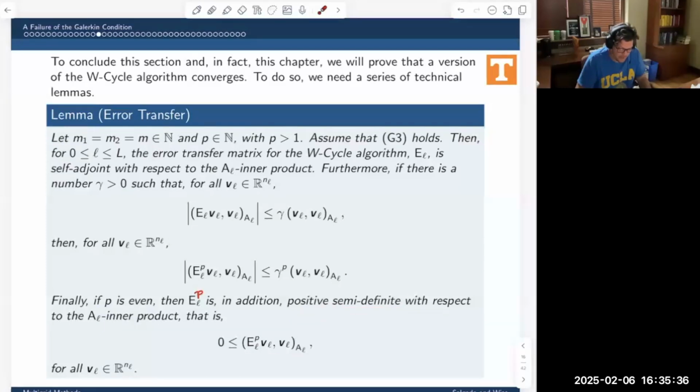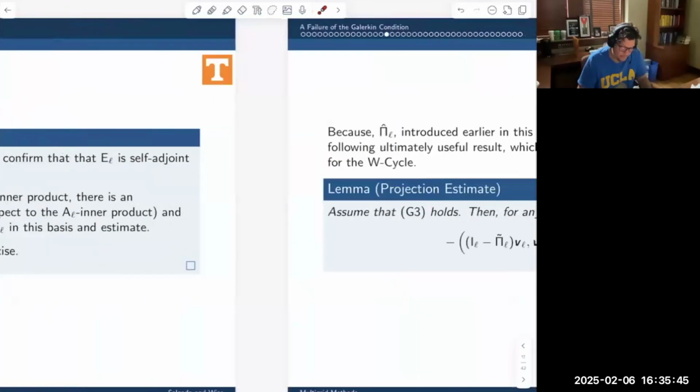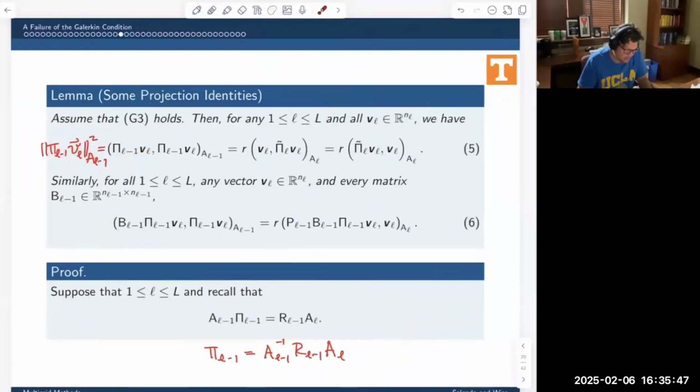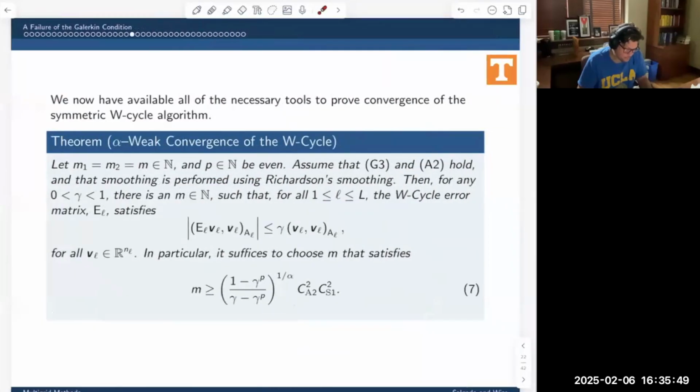So I can use the fact somewhere that I have this sign on this object. All right, so that's why I'm going to take P even. I'm going to assume that G3 holds, so that's my scaled Galerkin condition. I'm going to assume that alpha weak approximation holds. We're going to do smoothing using Richardson's smoother.